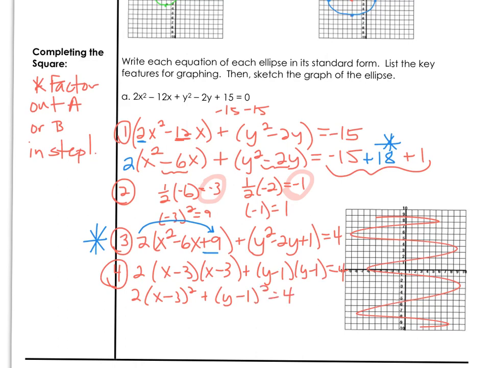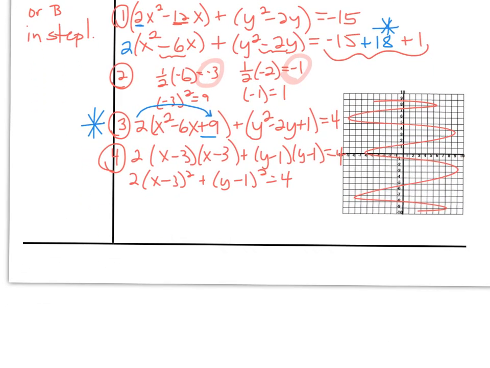Now, we're not totally done yet because the form for an ellipse is completely different than the form for a circle. We had fractions. The consistent thing was that 1 was on the right-hand side for all of our equations. We want 1 on that right-hand side as well. To get that, we have to divide. So whatever number's on the right, I'm going to divide to make it equal 1. But if I do that on the right, we have to do that on the left as well.